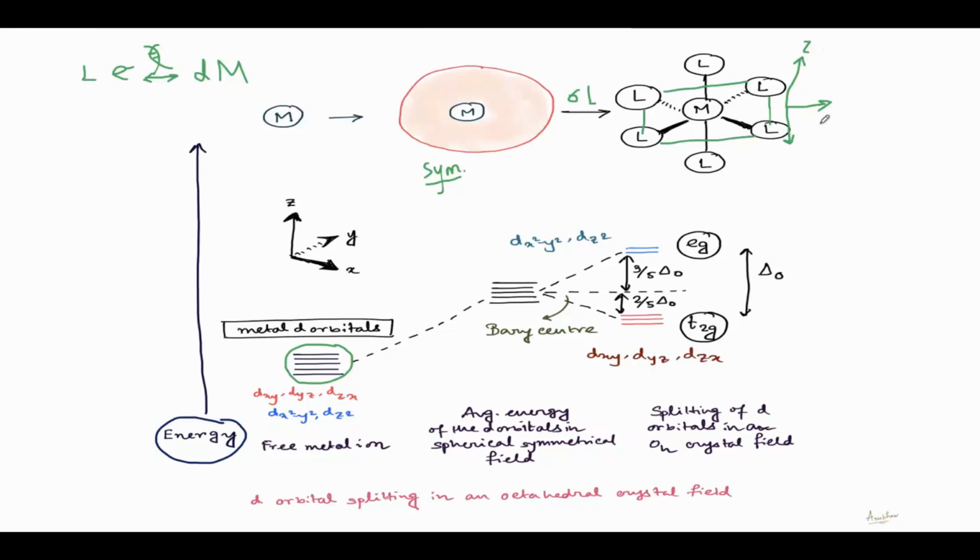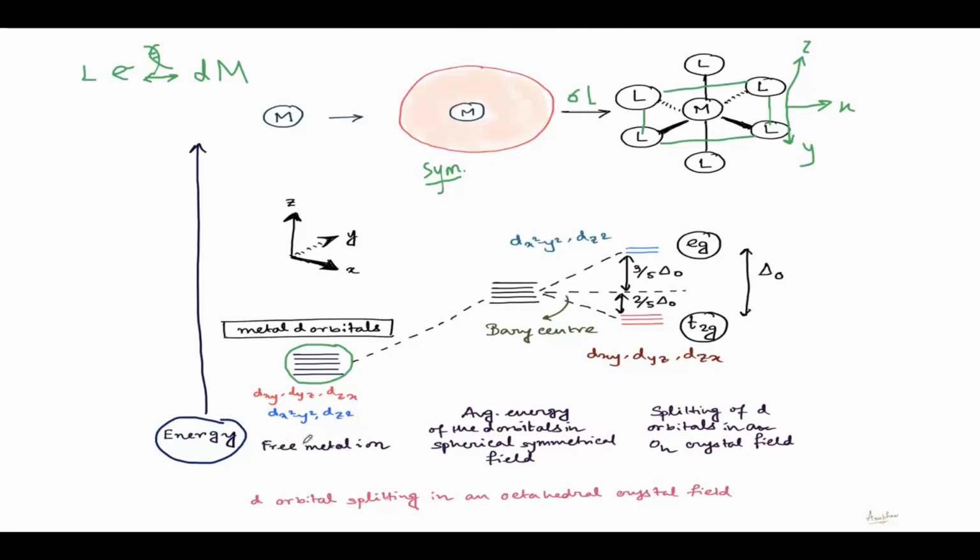Xy means the plane between x and y; yz means between y and z, and zx orbitals are between z and x. When the orbitals are directed between the axes, they are lowered in energy relative to the average energy of the crystal field, because they experience less repulsion.